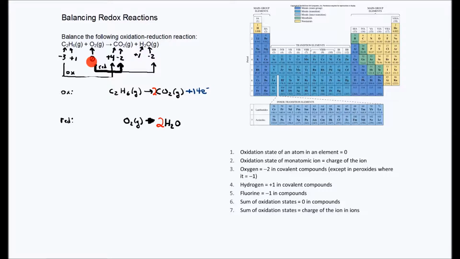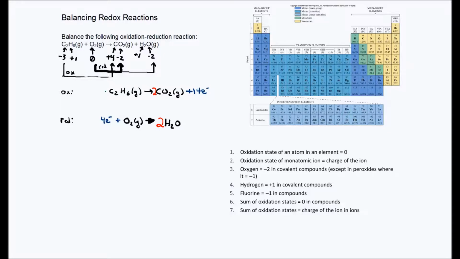In the second reaction, I have oxygen going from 0 to -2. Each oxygen, I have 2 of them doing it together, so I'm gaining a total of 4 electrons. Plus 4 electrons.